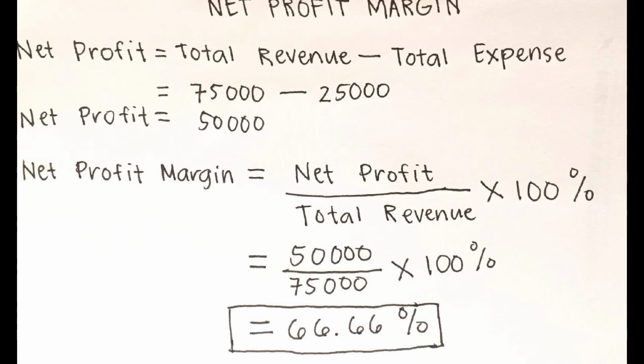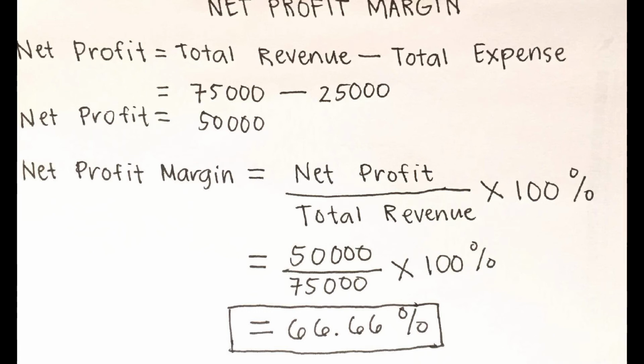Net profit is equal to total revenue minus total expense. Our total revenue here is 75,000 and our total expense is 25,000. We just subtract them, so the answer is 50,000, or net profit is equal to 50,000.